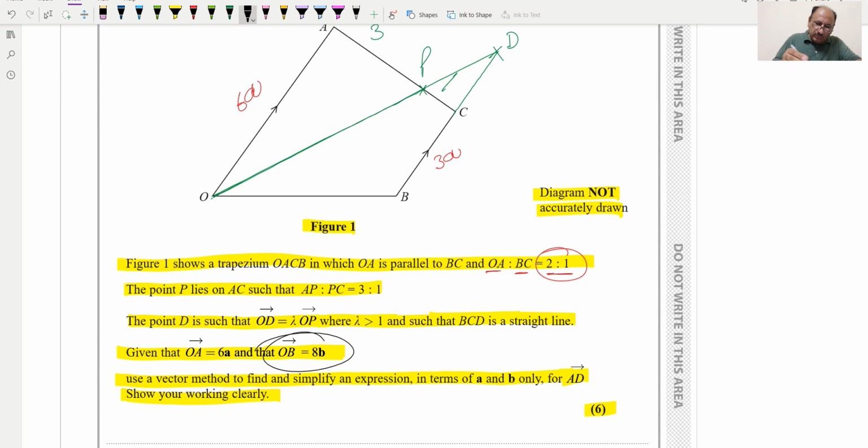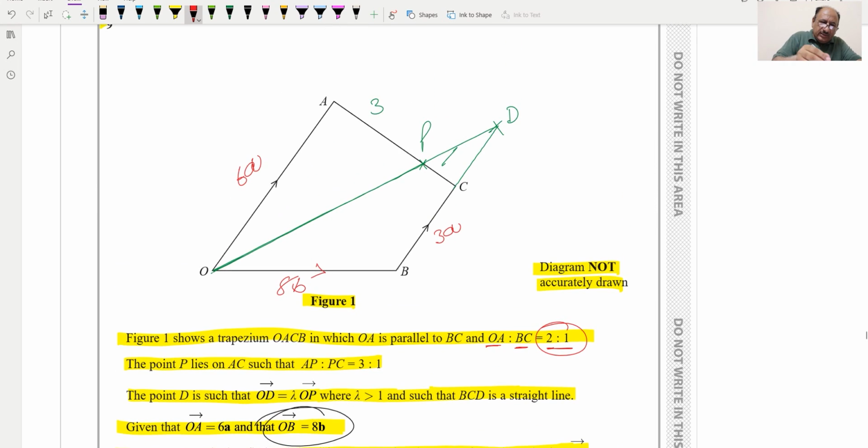So we can write the OB direction will be this one, and this will be 8B. Now we can take this route for AC. To find this AC, we will be taking this route: this one, then this one, and then this one. How will we write this?